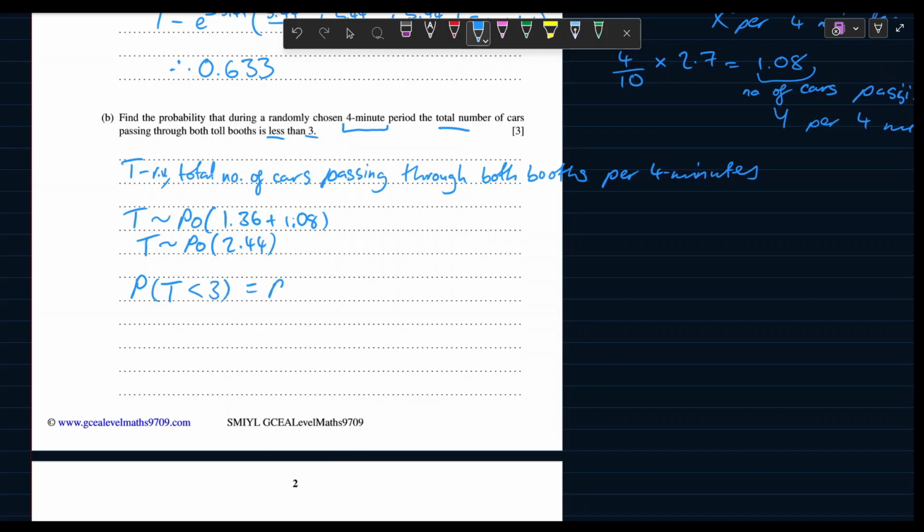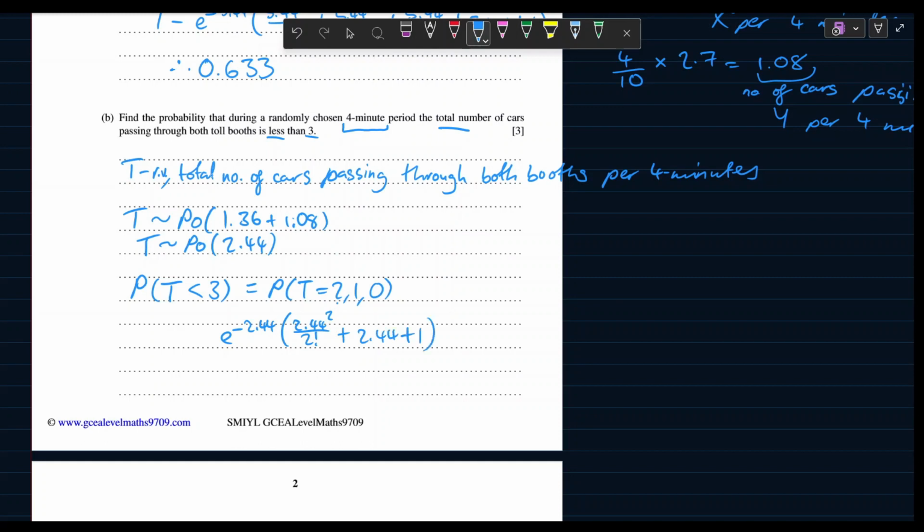Okay, so that's the probability that T is 2, 1, or 0. So that's going to be e to the negative 2.44 times 2.44 squared over 2 factorial, plus 2.44 plus 1.